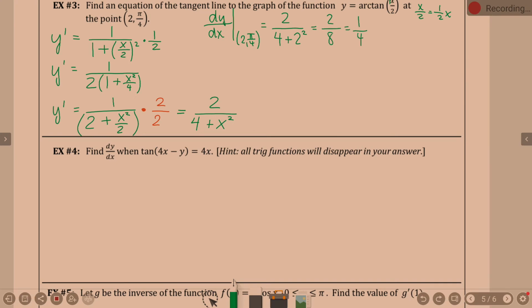Which is 2 over 8, which is 1/4, if I've done my math correctly. Slope is 1/4. Point was provided as 2, comma, pi over 4. Write your equation. Y equals 1/4 times x minus 2 plus pi over 4.